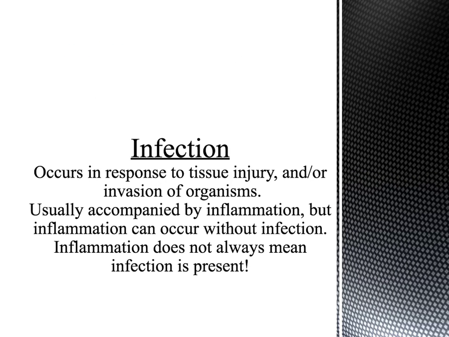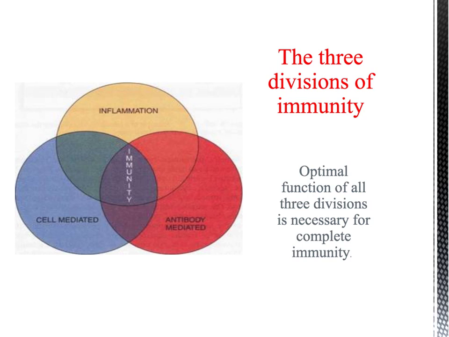This slide just reiterates what I said before. Infection typically is a response to tissue injury, invasion of organisms. It's usually accompanied by inflammation, but inflammation does not always mean infection. And this is just a visual, again, of how the three divisions, the special forces, have to work together to provide optimal immunocompetency.